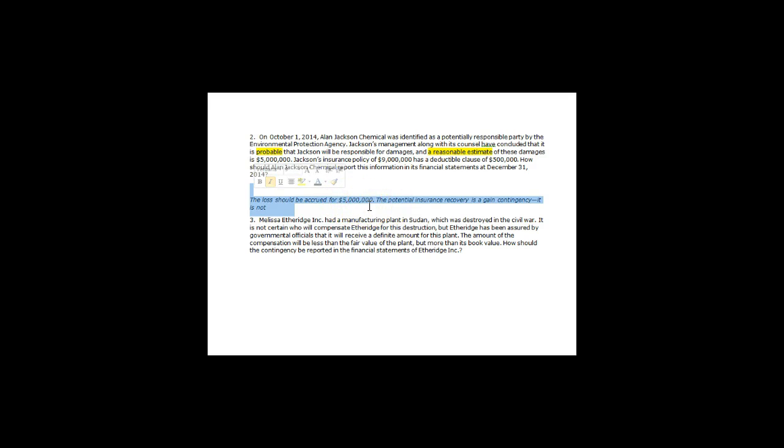And again, that's a good example of differences in perspectives of reading the FASB's codification in those statements issued by the FASB. Anyhow, the bottom line is it's probable, we can reasonably estimate it, so accrue that loss with the liability for the financial statements.